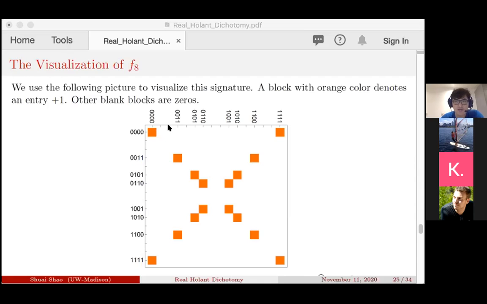If we look at the support, all these blocks with orange colors, in this matrix we use the first 4 variables as the row index and the last 4 variables as the column index. As you can see, the sum of the first 4 variables must be even, like 0, 0, 1, 1. And the sum of the last 4 variables is also even.